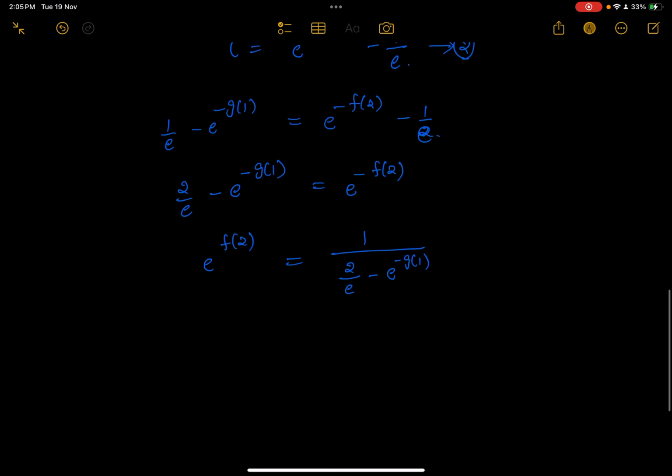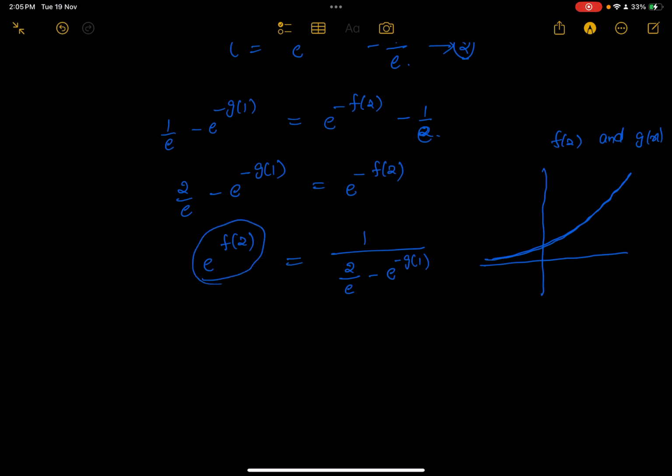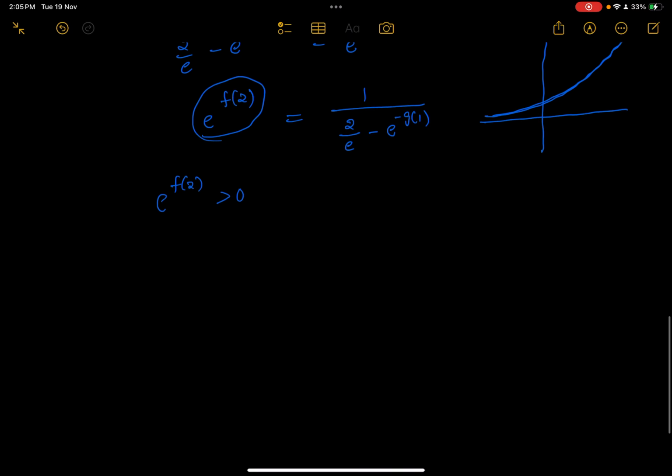Now we have to comment on f of 2 and g of 1. We know that the graph of e power x looks something like this. So it is always positive. So e power f of 2 is always positive. So for e power f of 2 to be positive, this has to be positive.